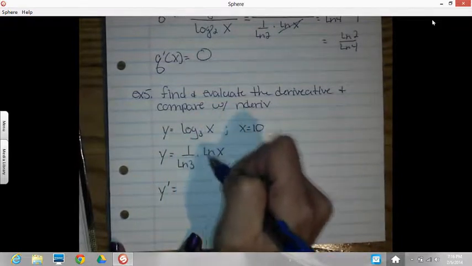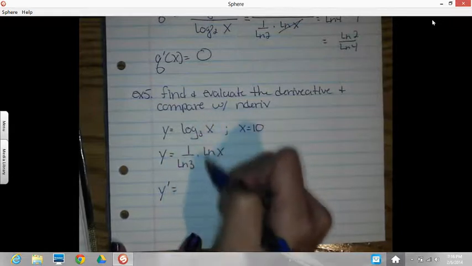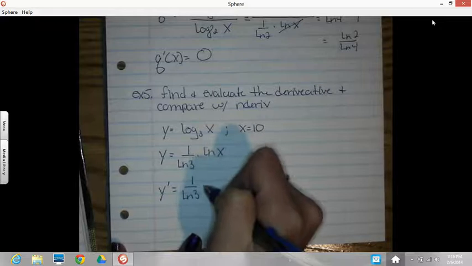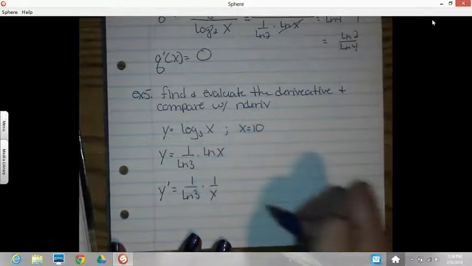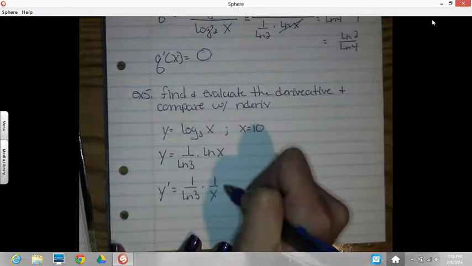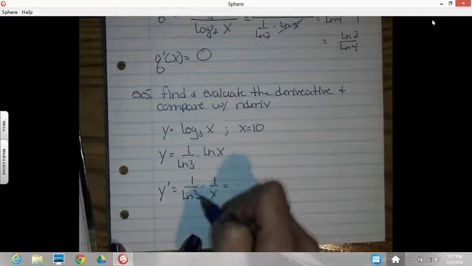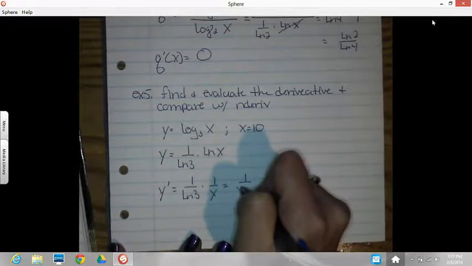I've only got the one x term that I do the derivative of. This just carries along as a multiplier. Derivative here is 1 over x. So my derivative, if I flip-flop the order here so that I don't think these are 3 times x and the natural log of that, I get 1 over x natural log of 3.